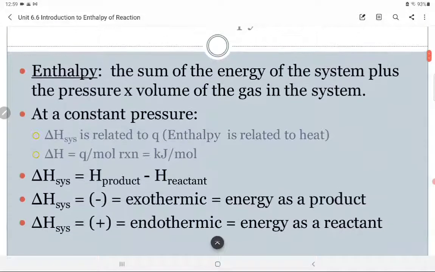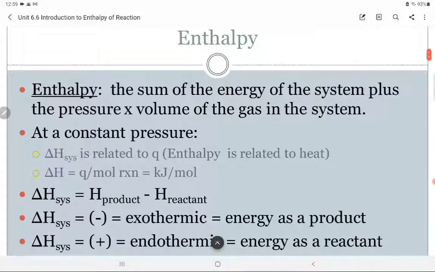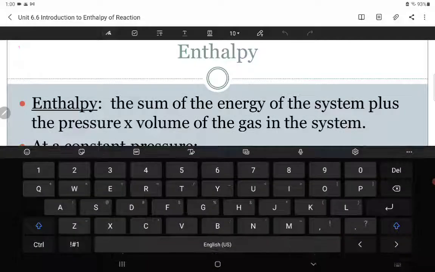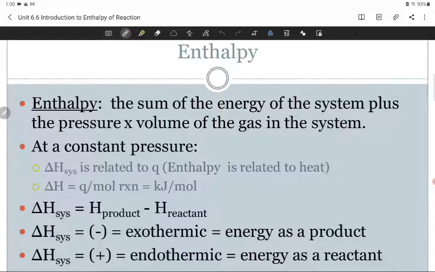So again, here's the definition of enthalpy: the sum of the energy of the system. I know there's pressure in here, there's volume in here, but for us, this will work out better in terms of defining delta H, which is the change in enthalpy.